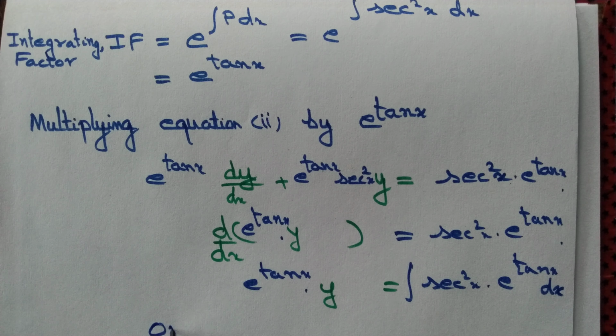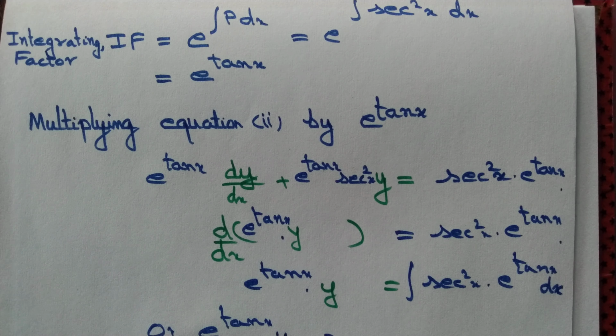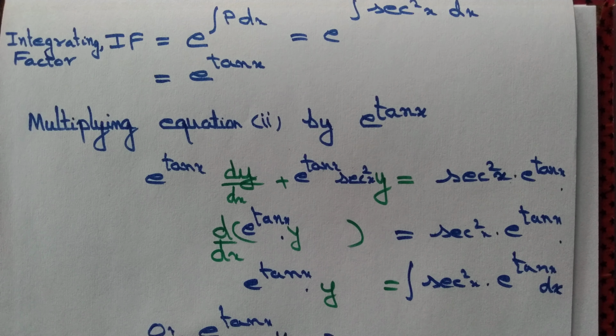We copy the left hand side as it is. What about the right hand side? You see that sec square x can simply be written as the derivative of tan x.